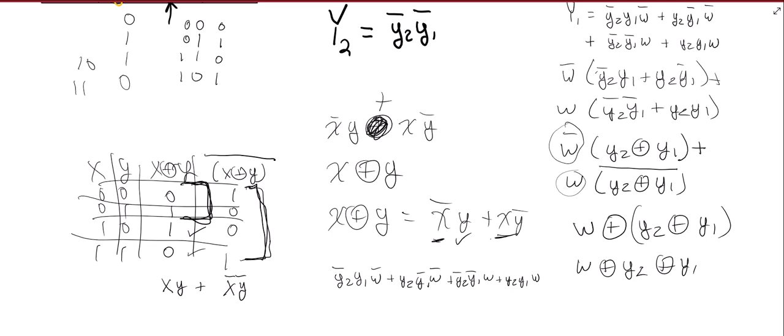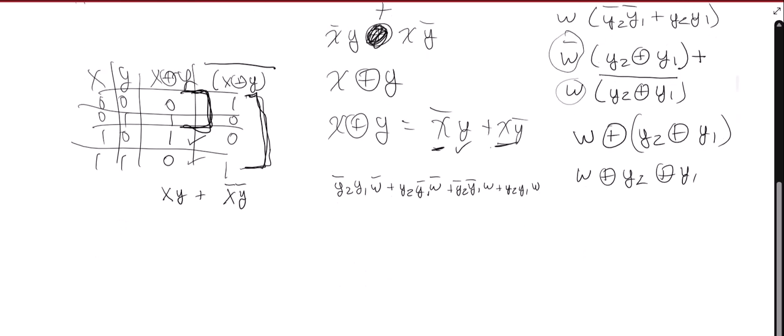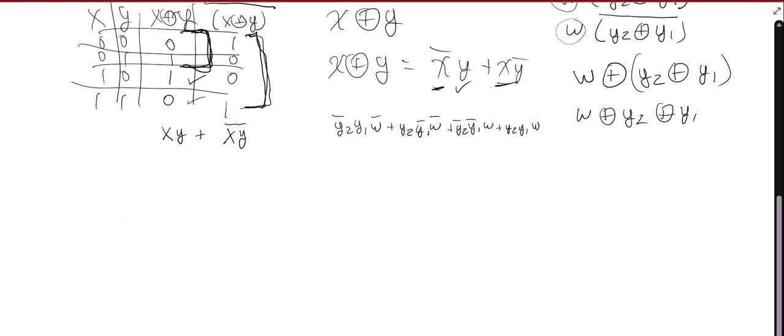This one is the exclusive OR. If you have two things, we say the exclusive OR is equal to 1 when one of them is 1 but not both of them.